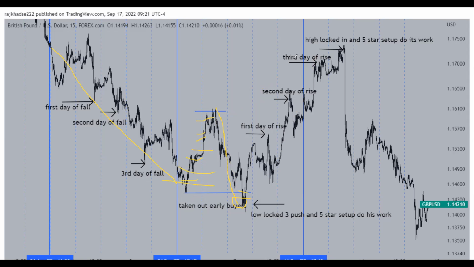Right here, if you see closely, this is a W pattern. This is the first leg. Market again came, second leg does the stop hunt, and market goes to the upside.